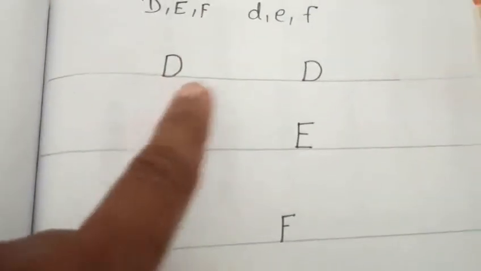Yeah, great, my dear children. Once again, uppercase letters D, E, F, then lowercase letters d, e, f.